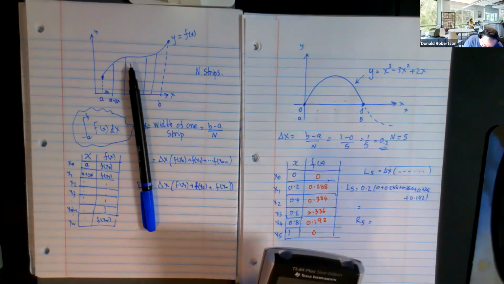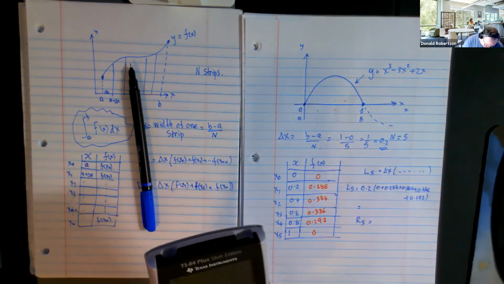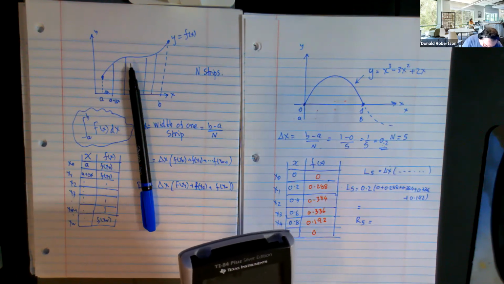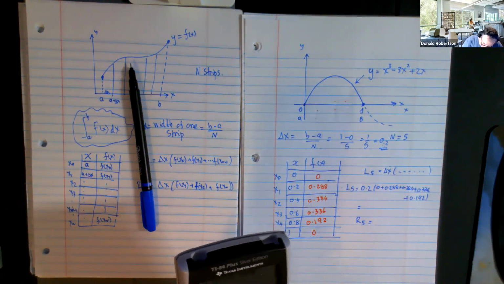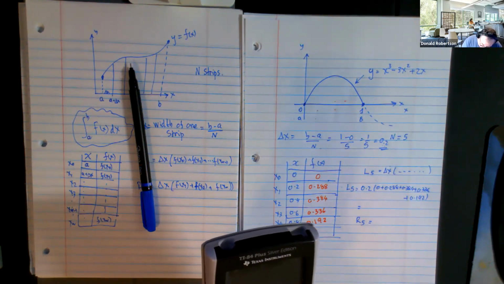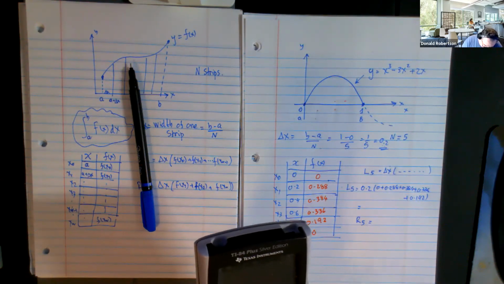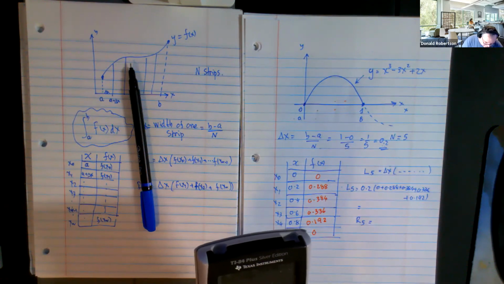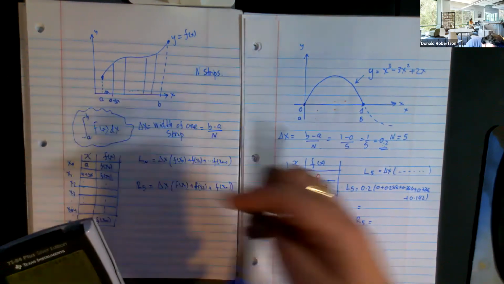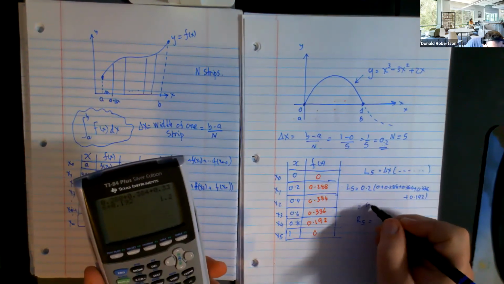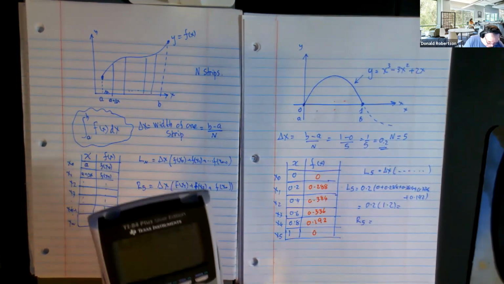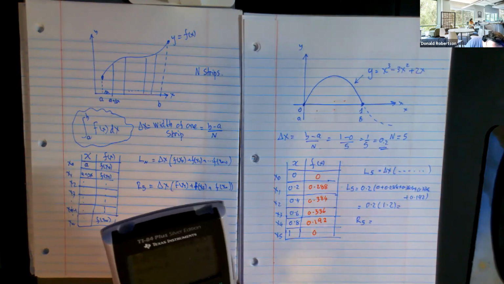You're just going to trust me on this. 0.288 plus 0.384 plus 0.336 plus 0.192, and I get 0.2 times 1.2, and the answer I get is 1.44.